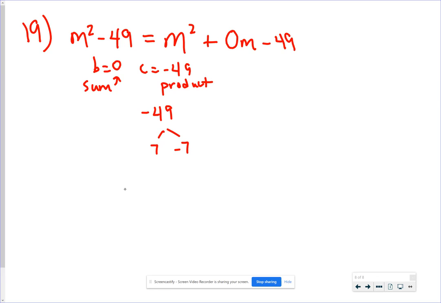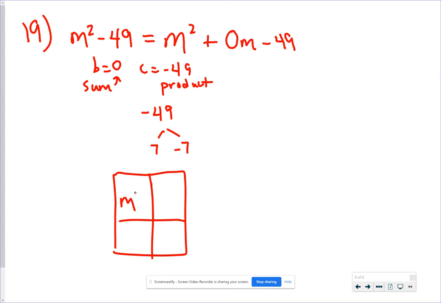All right, so we do the box, or the table, I should say. We take our m squared, put him there. Take our negative 49, put him there. I have a 7m and a negative 7m. GCF, GCF, GCF, GCF. Top row is m. Bottom row, negative 7. Take the negative with it when you take that 7 out.